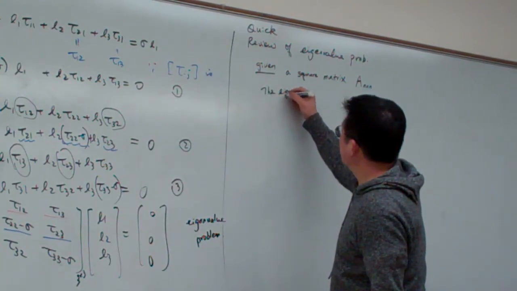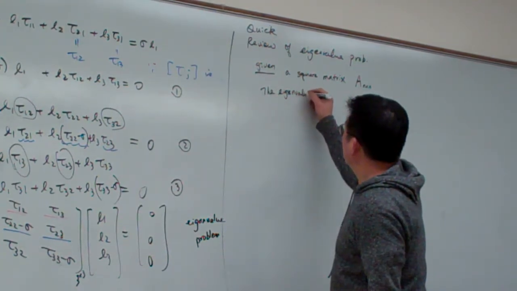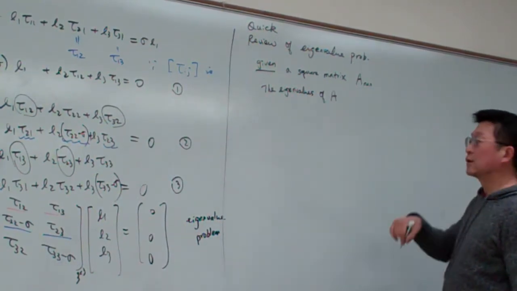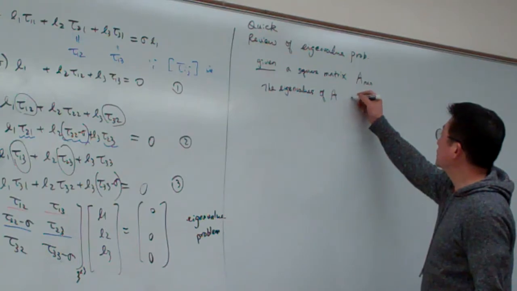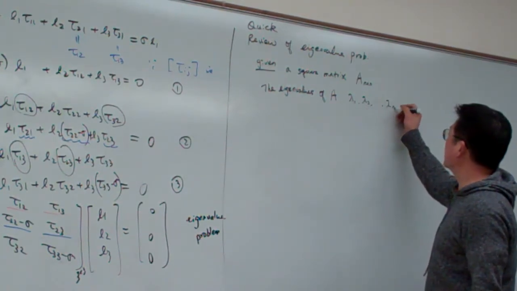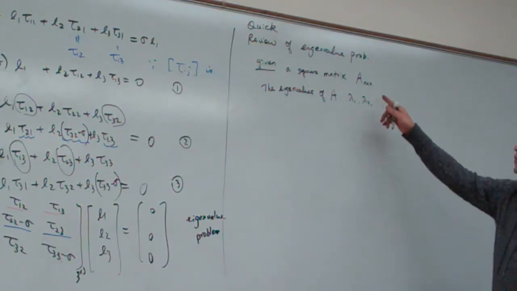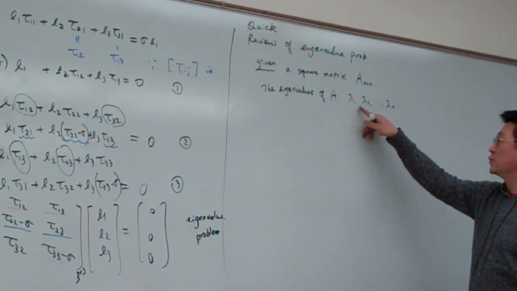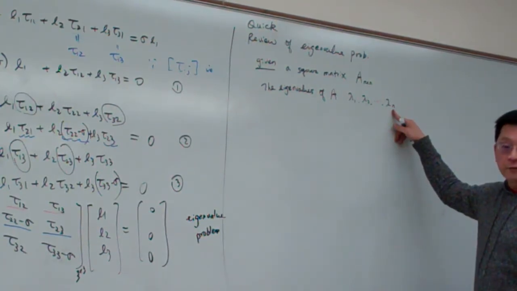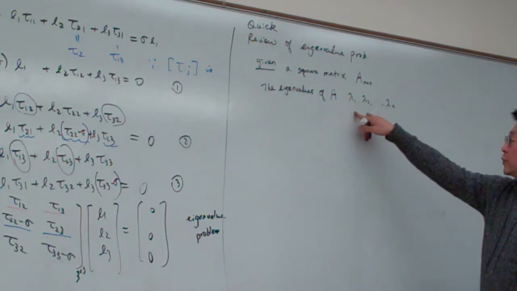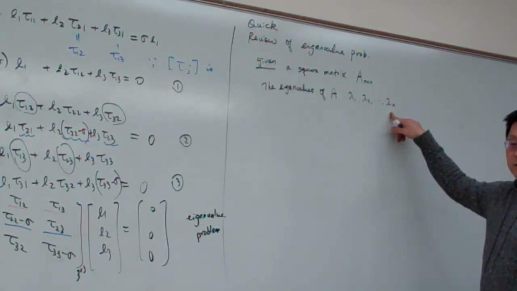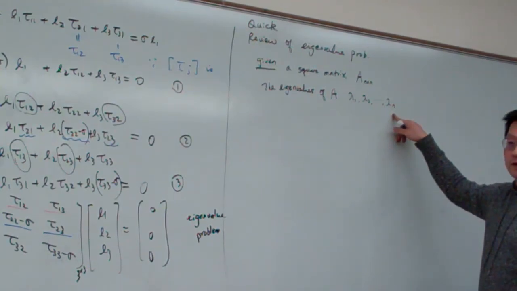The eigenvalues of A equal to, say, lambda 1, lambda 2, up to lambda n. For n by n dimensions, we should expect n eigenvalues, okay? And in general, those values can be distinct from one another.